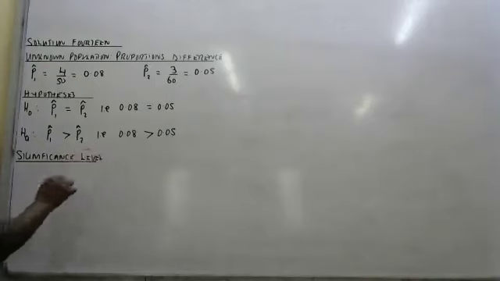Kama hiyo ndio ukweli, unakuja sasa unatafutia significance level. Significance level, we are not told. So again, we continue saying let alpha be 0.05.